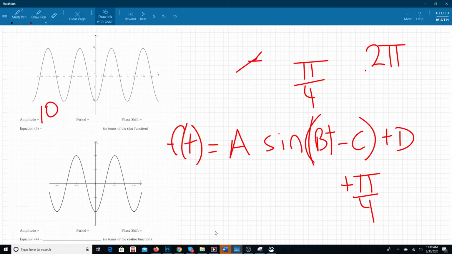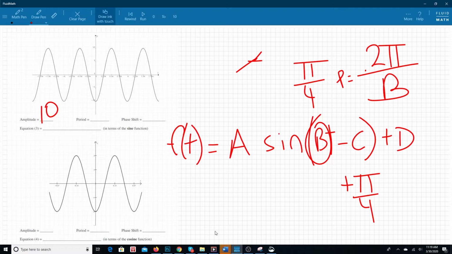But in this case, I need my b value, and my b value isn't quite my period. My b value is the number of cycles I get.